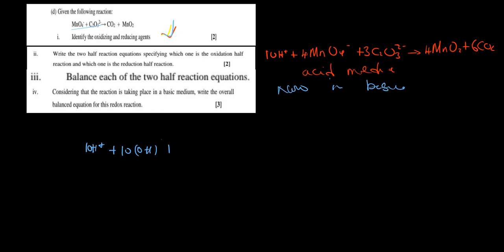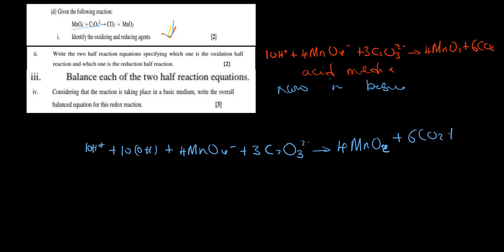Then plus, now you bring the same thing, then 4, like that, that is 2 by the way, then plus 6, like that. So you add also on this side the number of hydroxide that you have just added.